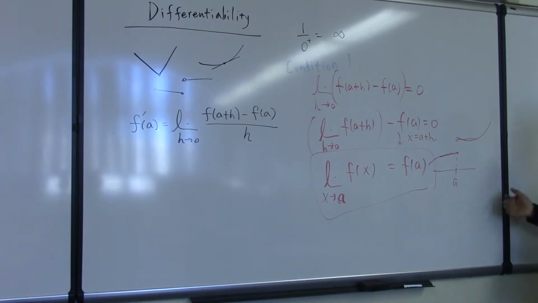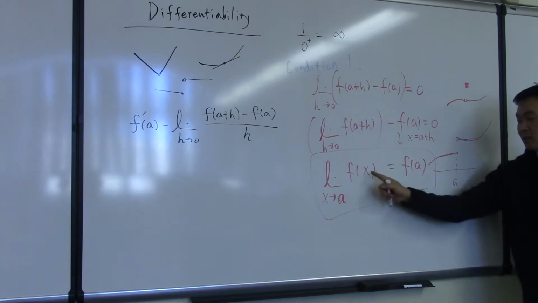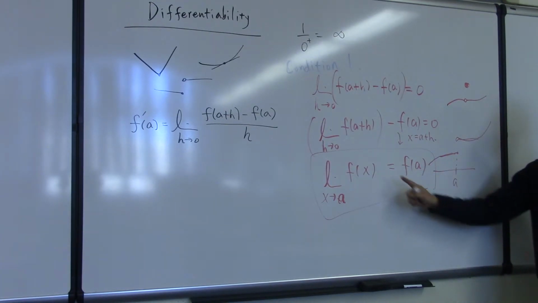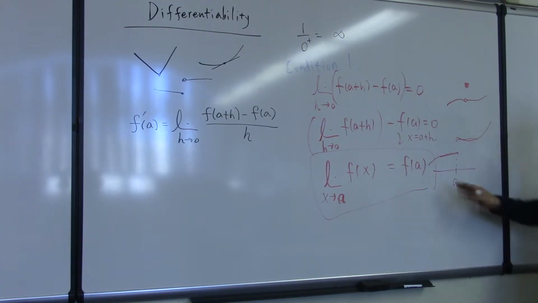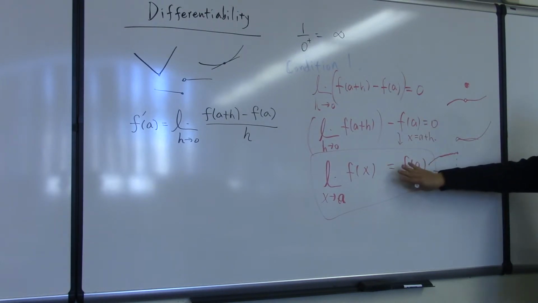Or even if you have a removable discontinuity like this, where the value is defined differently from the limit. The limit is this value, whereas the value is this. In that case, the limit exists, the value exists, but they do not agree. So this is not guaranteed. It's guaranteed only if the original function is continuous.